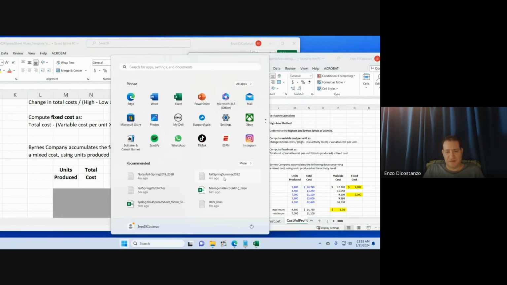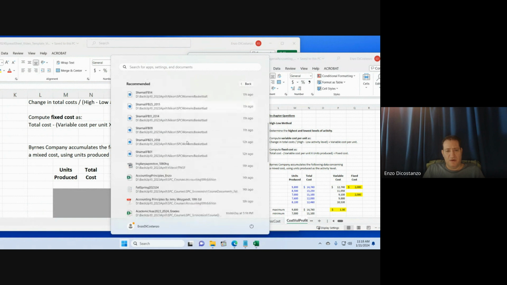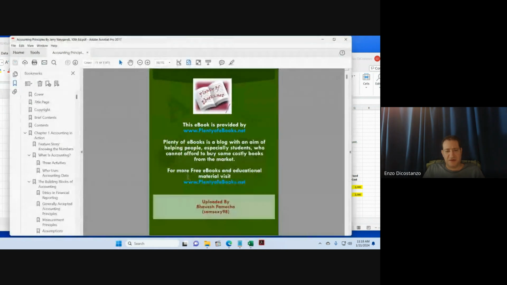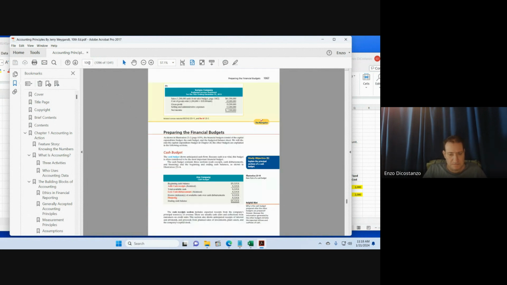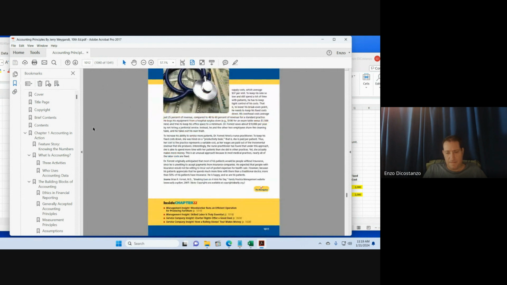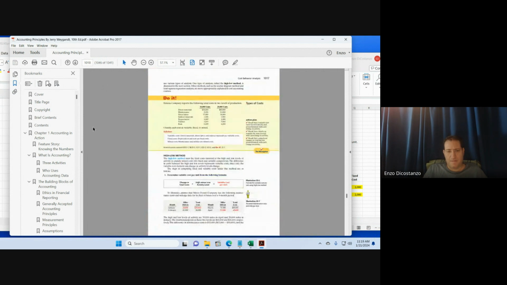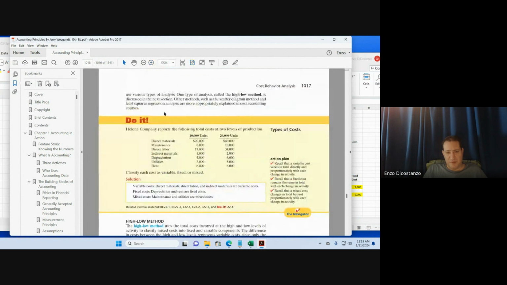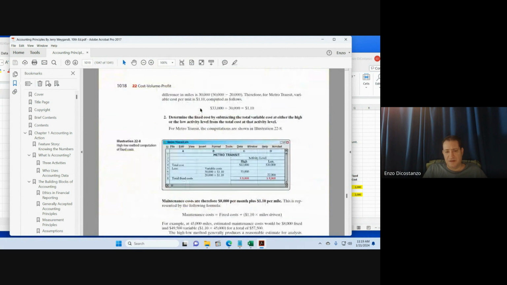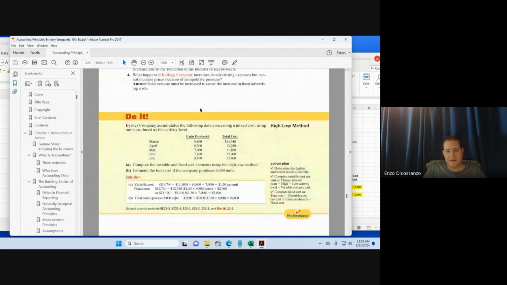Folks, I apologize. Let me get the book out. There it is, the accounting textbook. I think it was the Burns example.